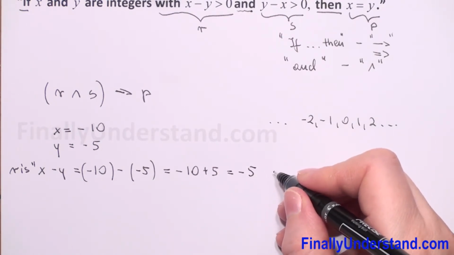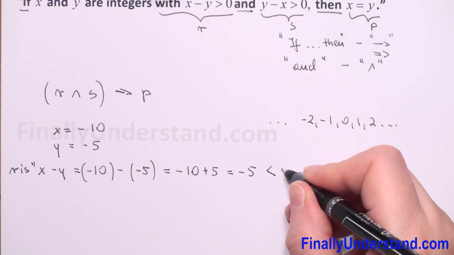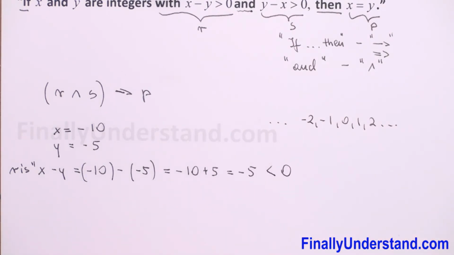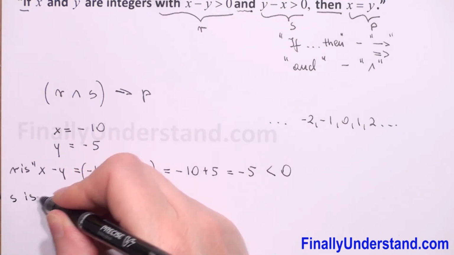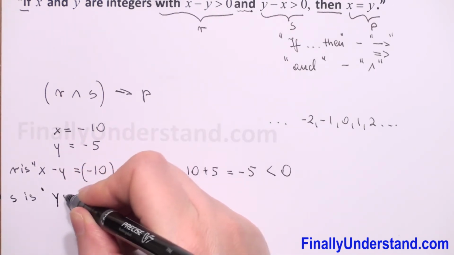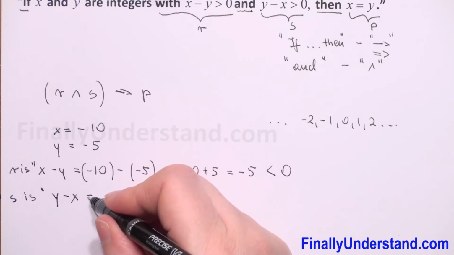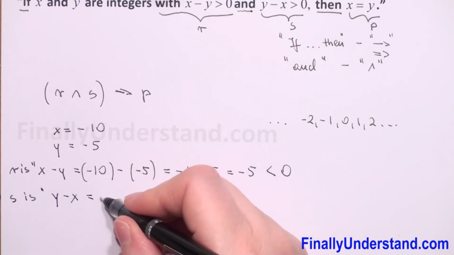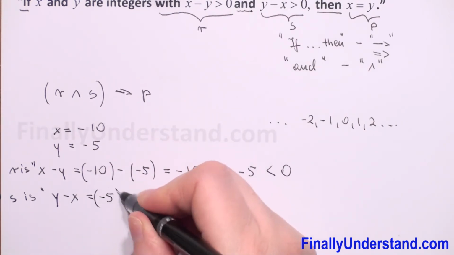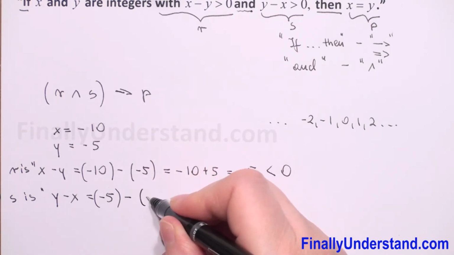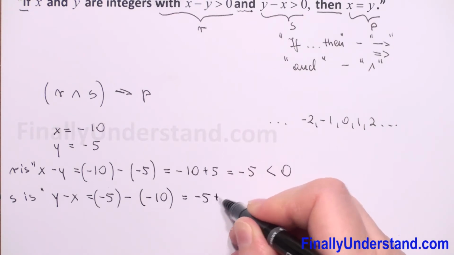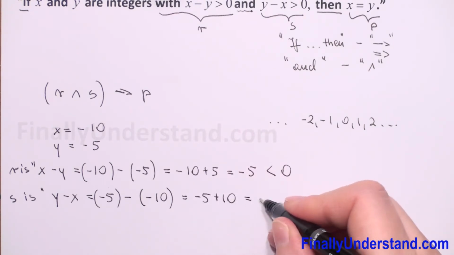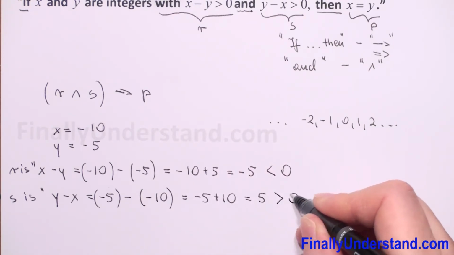So this is less than 0. And when we take s, which is y minus x, this is equal to -5 minus -10. This is equal to -5 plus 10, which is equal to 5. So this is greater than 0.